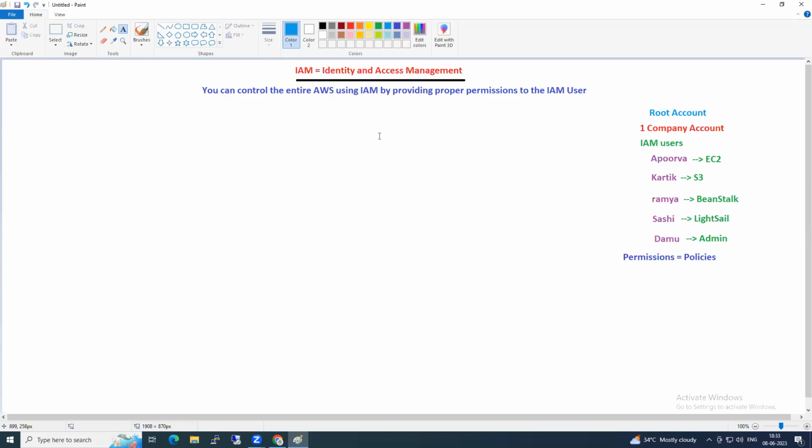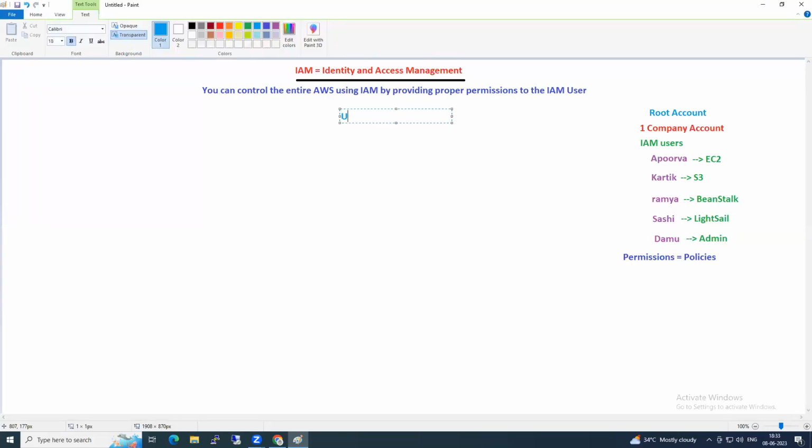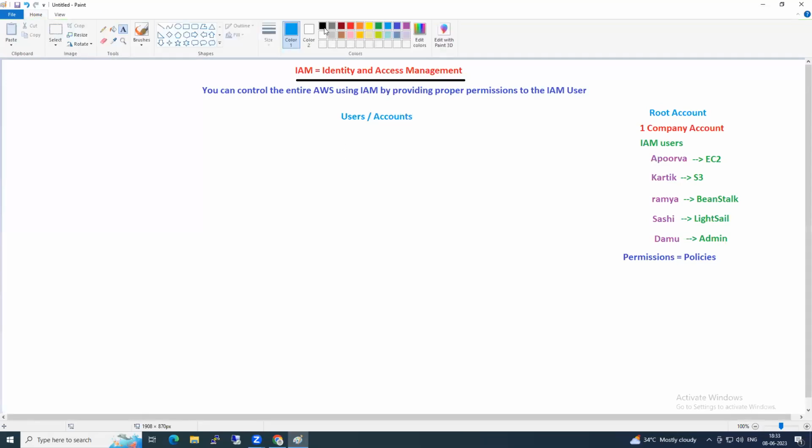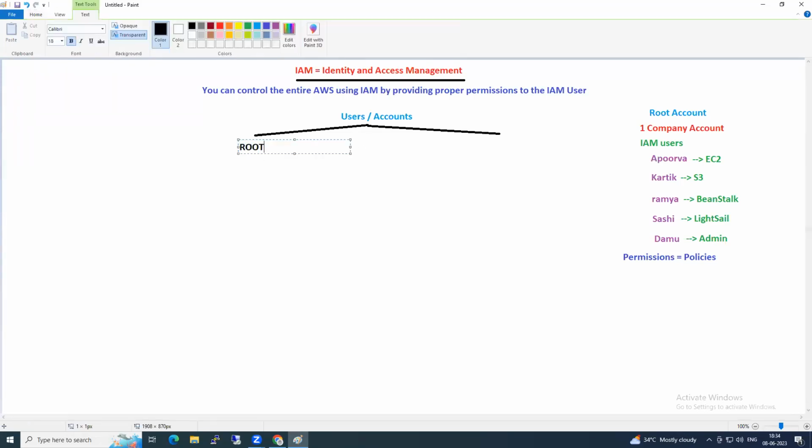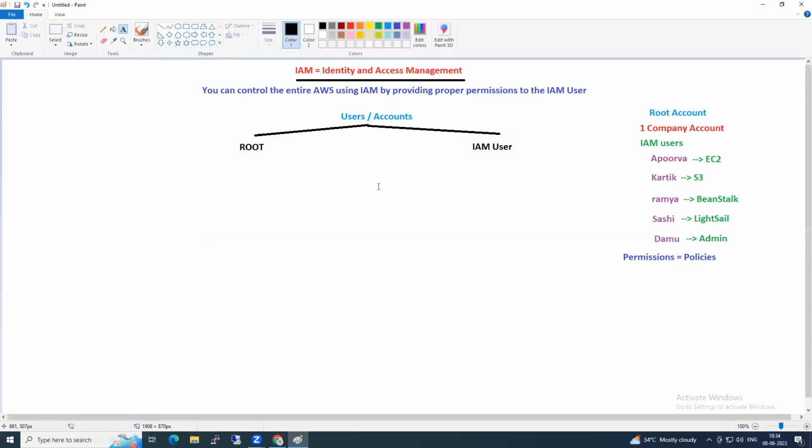As I said, we have two types of users, or you can call them accounts. One is a root account. Another one is an IAM user or IAM account. What is the difference between root user and IAM user?